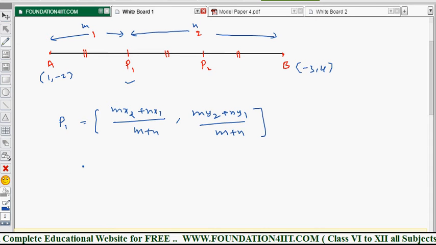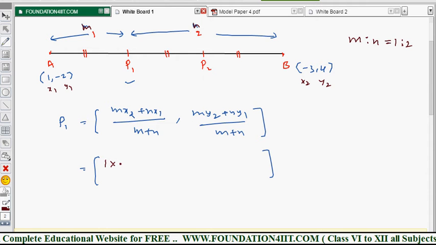Here m and n are in the ratio 1 is to 2. If you apply this formula, you will get the coordinates of P1. So m is 1. Here A is (x1, y1) and B is (x2, y2), and m is to n is equal to 1 is to 2. We take this ratio and substitute it in the formula.